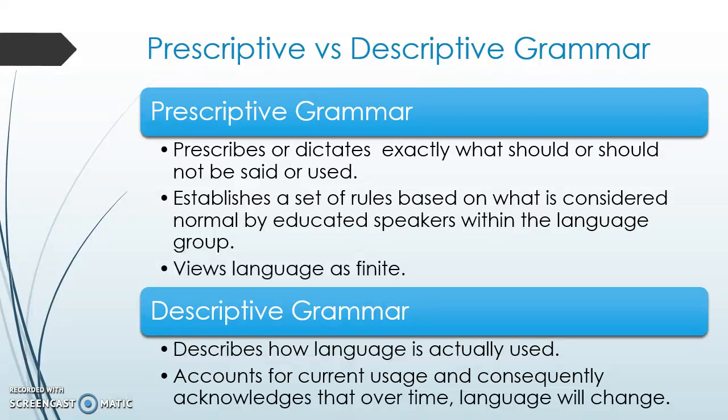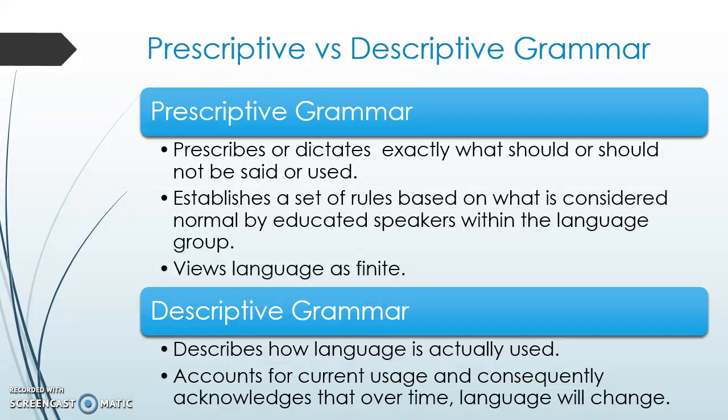Descriptive grammar, on the other side, describes how language is actually used. It accounts for current usage, and consequently acknowledges that over time, language will change, okay? And we saw the example in the chapter with the use of whom. Probably according to descriptive grammar, there will be a moment in which whom stops being used, right?